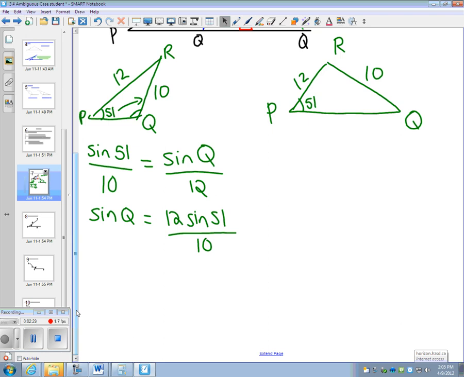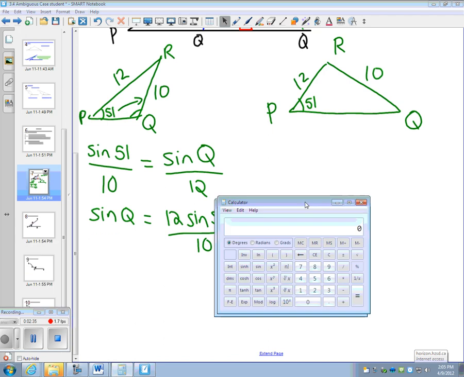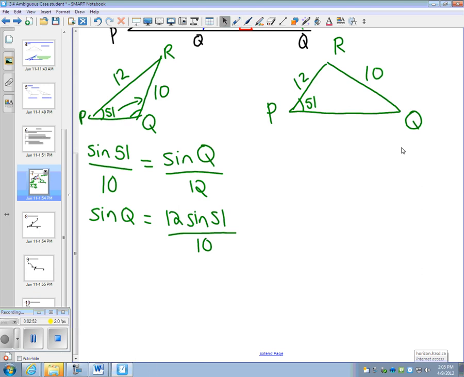We grab our calculator. I go 51 sine, that's the way I do it in my calculator, you might do it differently, times 12 divided by 10, and I get 0.9325.